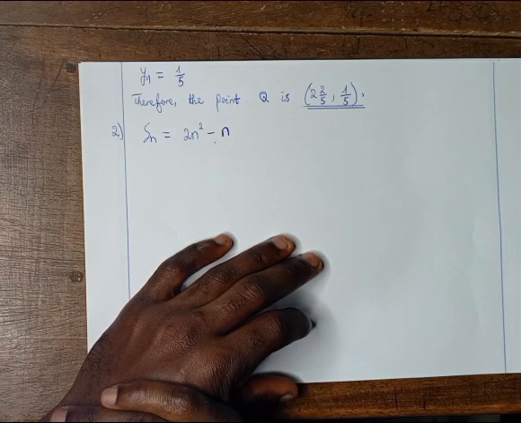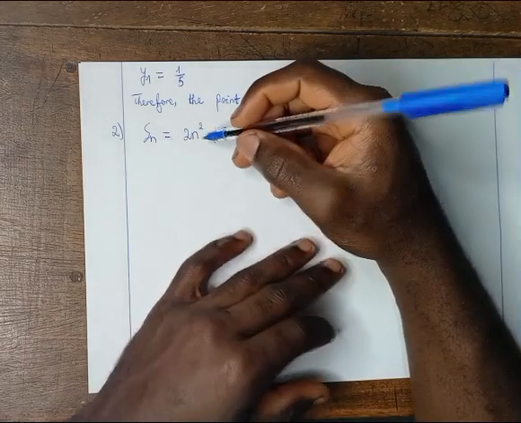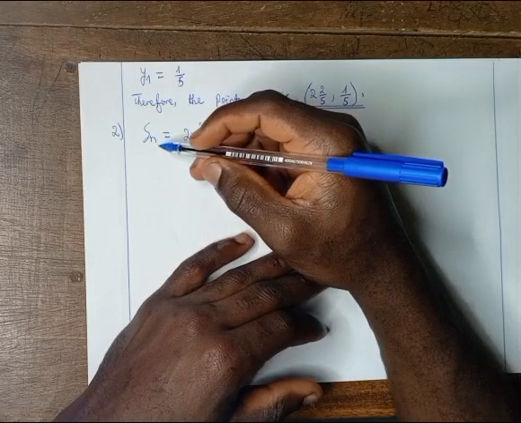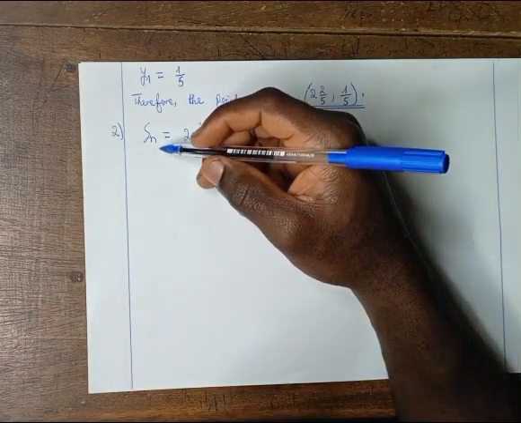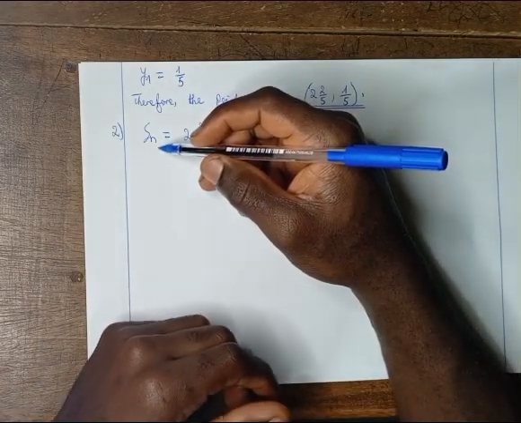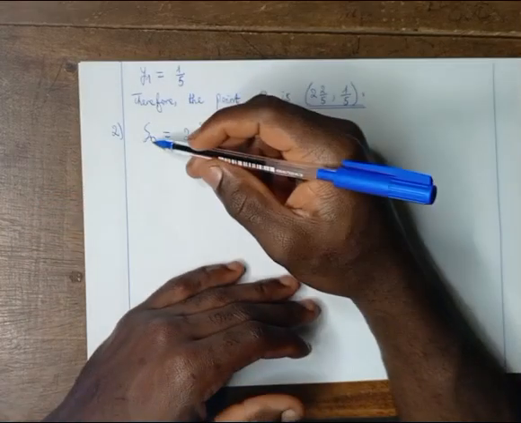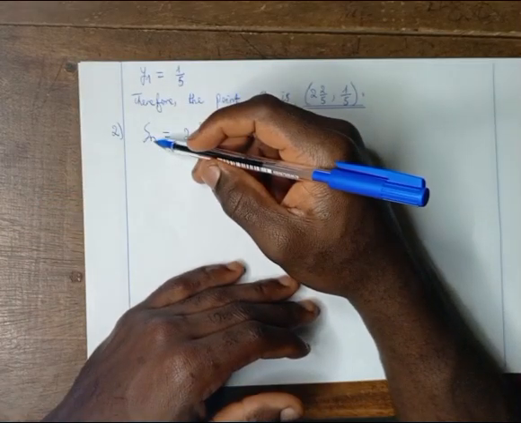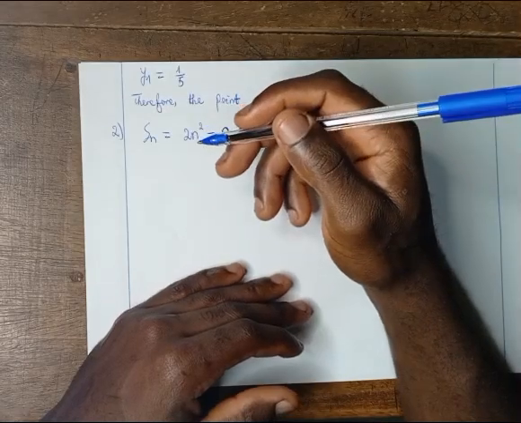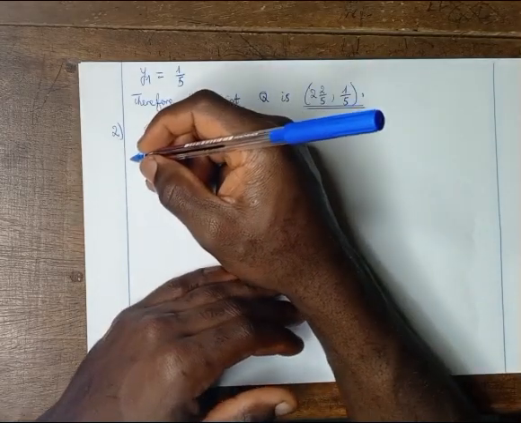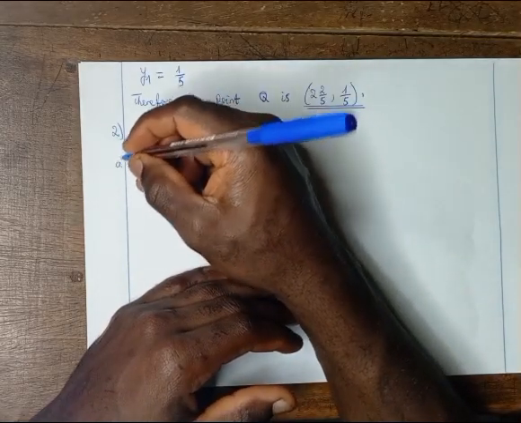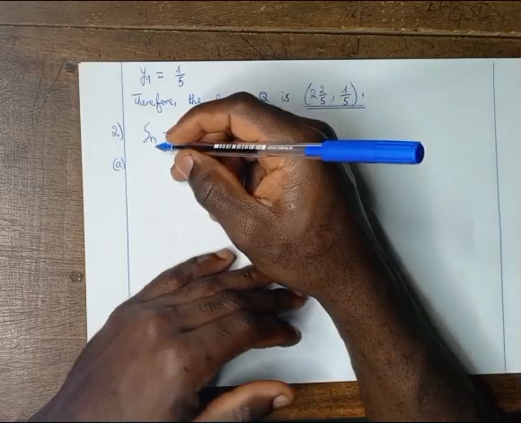For us to get the sum of the first term, we are simply going to replace n here with 1. For the sum of the first 4 terms, we are simply going to replace n here with 4. For us to get the sum of the first 6 terms, as question A is asking us, we are simply going to replace n here with 6.